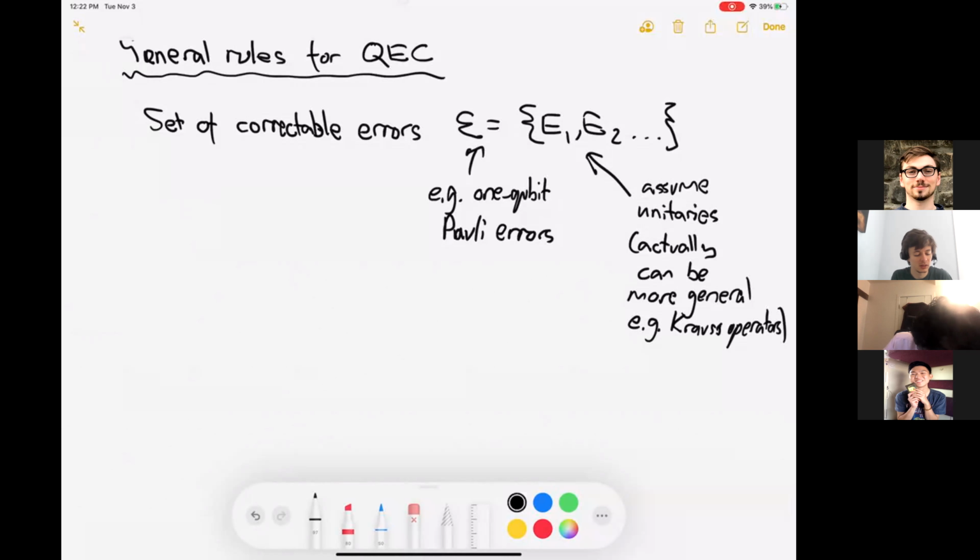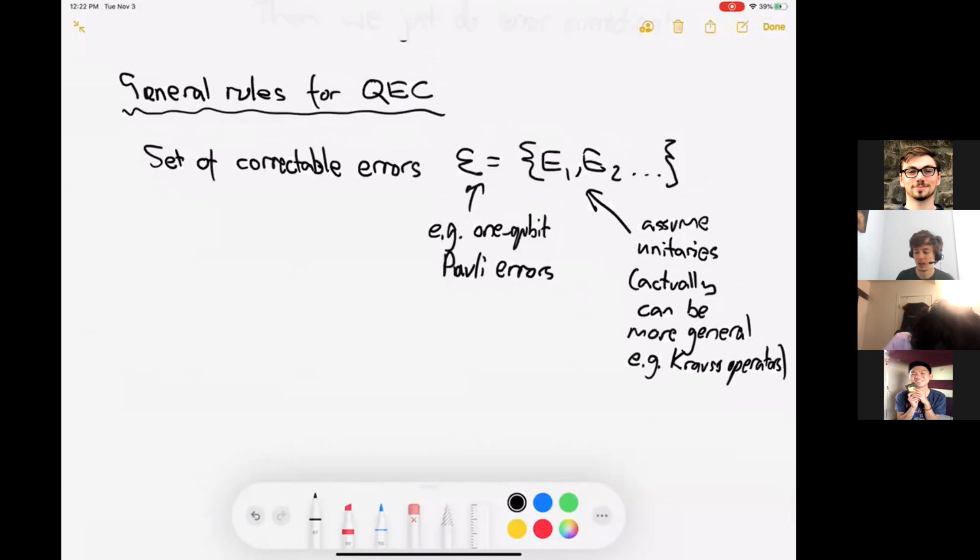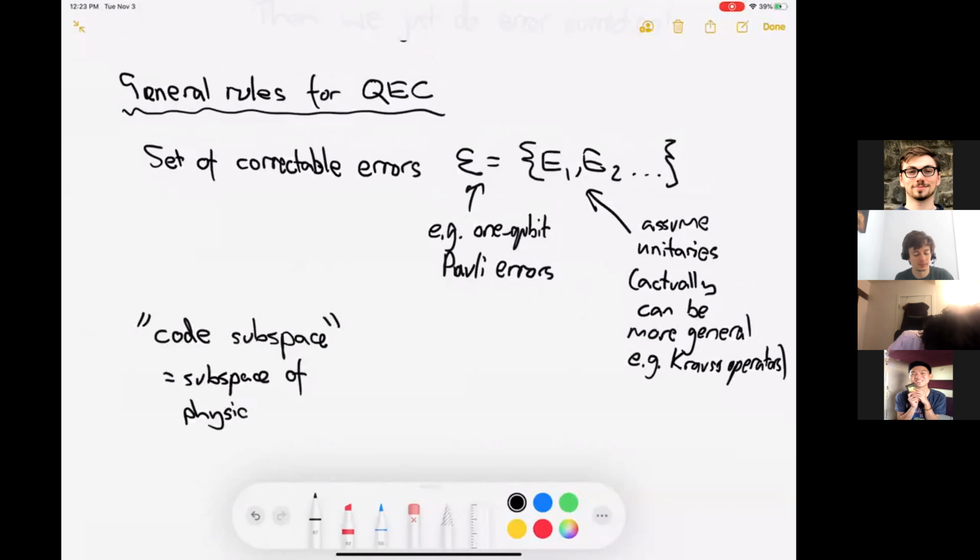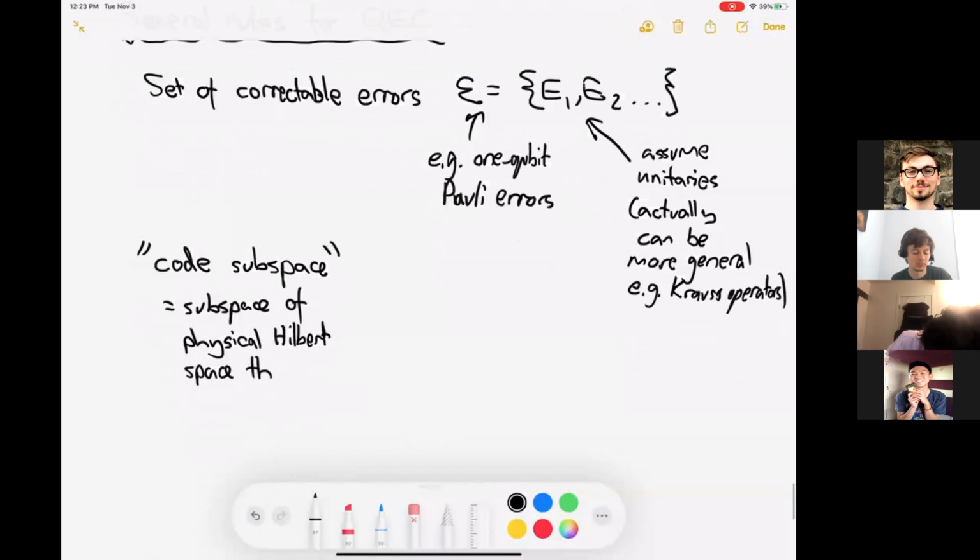Okay, so then we need something else to define our quantum error correcting code, which is what's called a code subspace. That's going to be the subspace of the physical qubit Hilbert space that contains the allowed possible states.